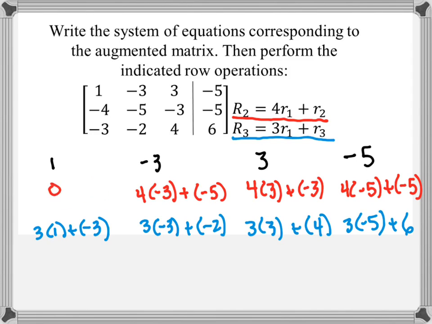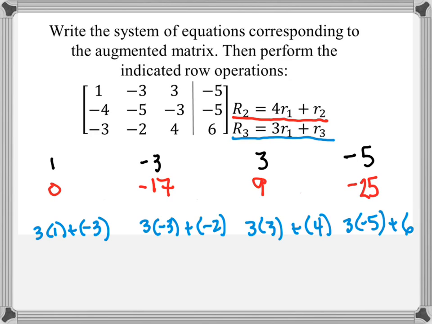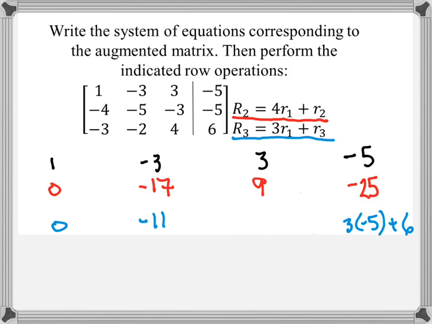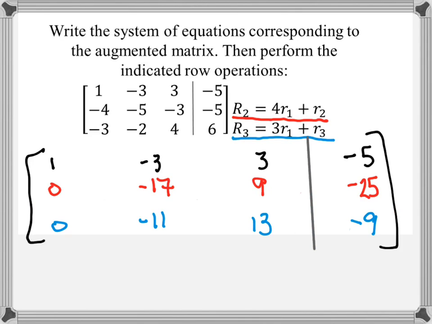So, simplifying, we get 0, negative 17, 9, negative 25, 0, negative 11, 13, and negative 9. So this is the resulting matrix after performing those two row operations.